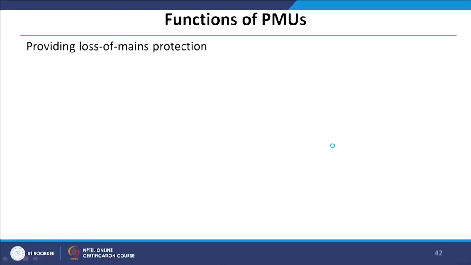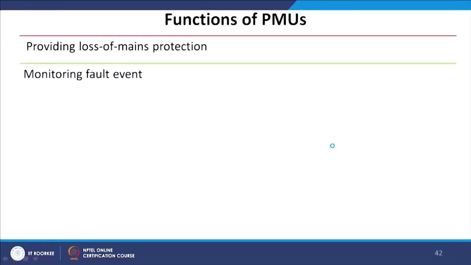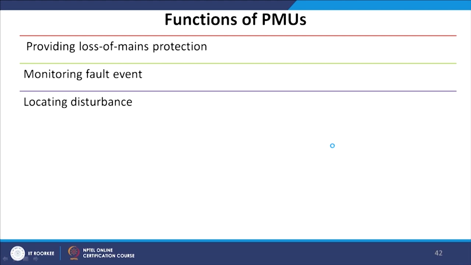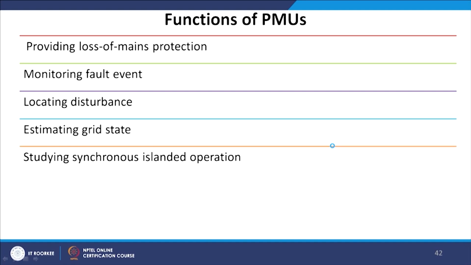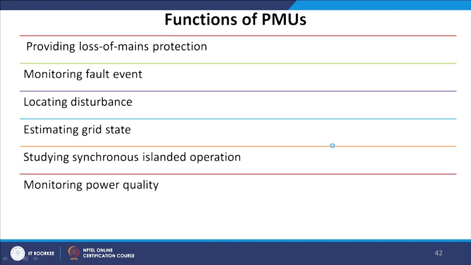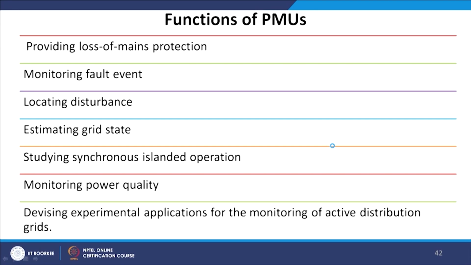The major functions of PMUs are to provide loss of mains protection, monitoring fault events, locating disturbances, estimating grid state, studying synchronous islanded operation, monitoring power quality, and devising experimental setups or applications for the monitoring of active distribution grids.